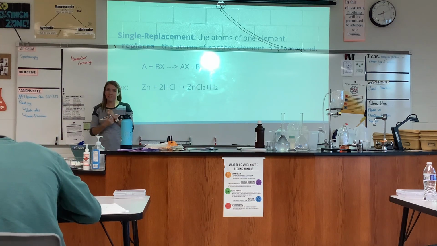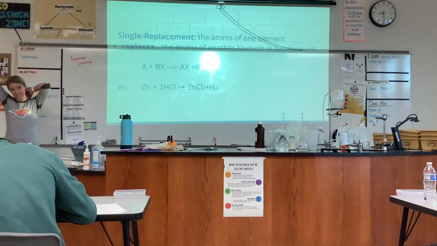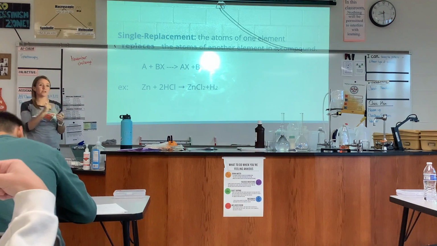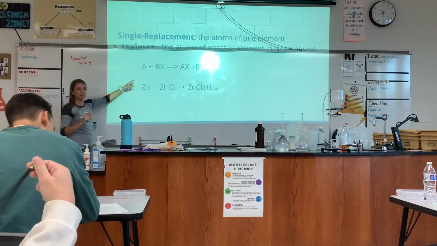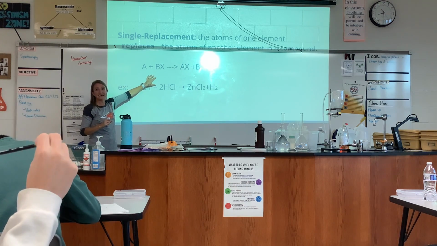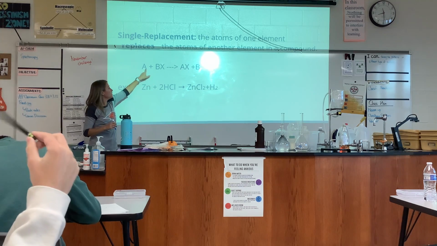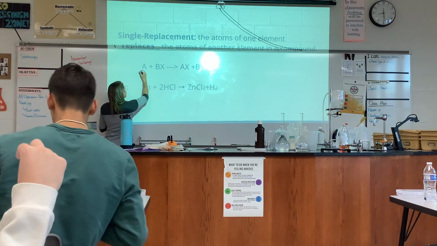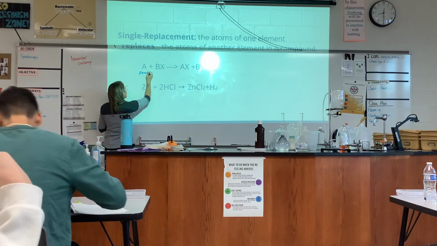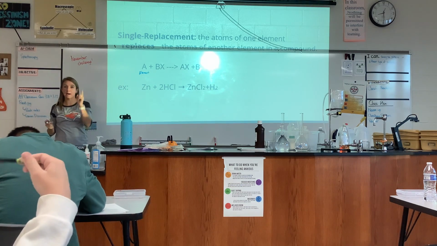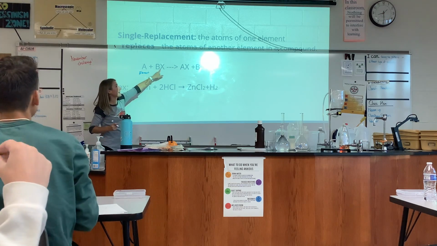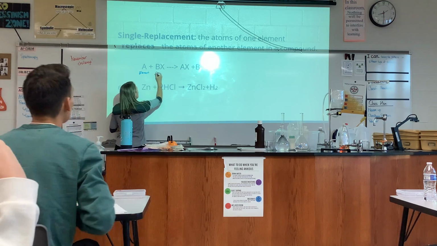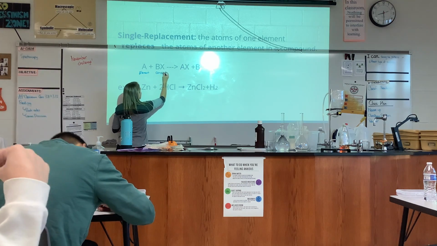Okay, ready for the next pattern? Alright, so our next classification is known as a single replacement reaction. Now I want you to label something extra on this just to emphasize it. In a single replacement, you have an element by itself, meaning just one capital letter. You then have it reacting with a compound, or a molecule, is what you call them.